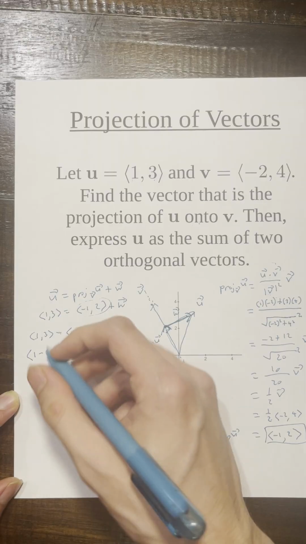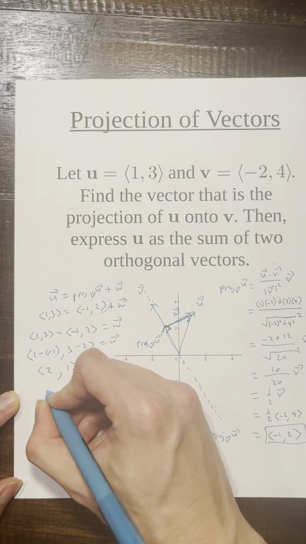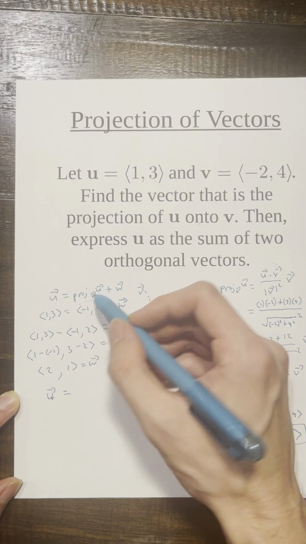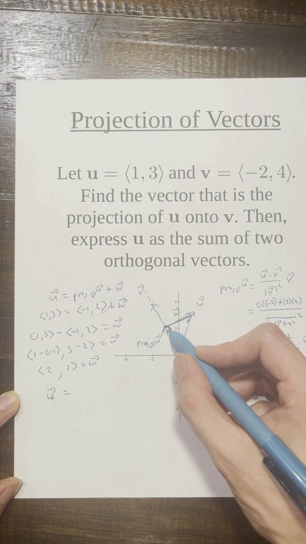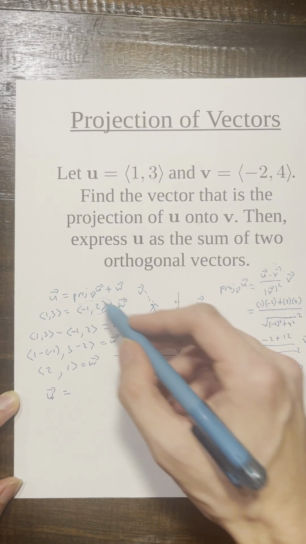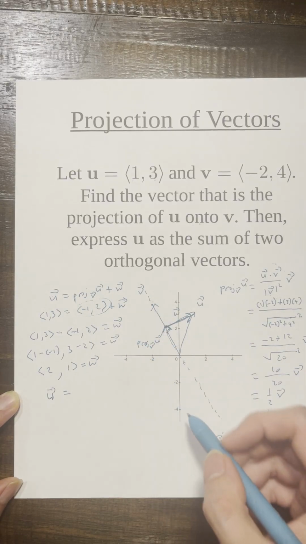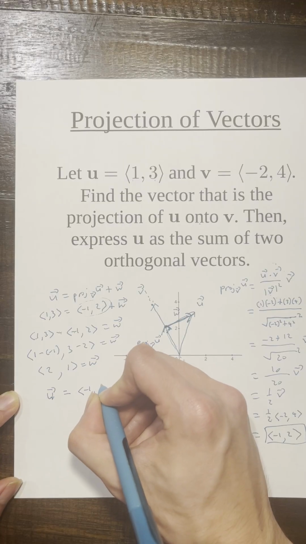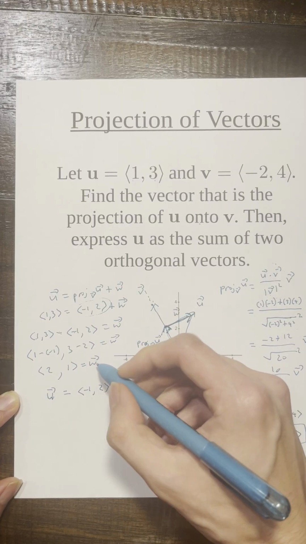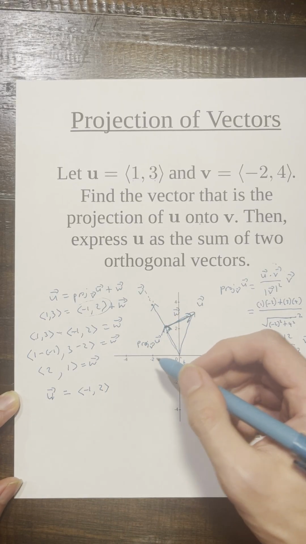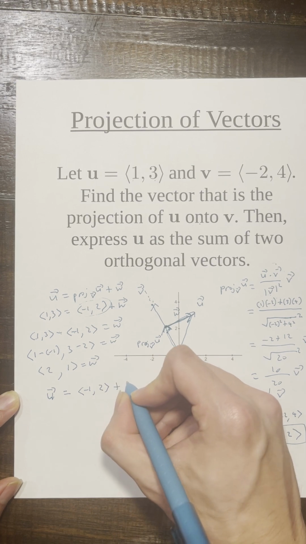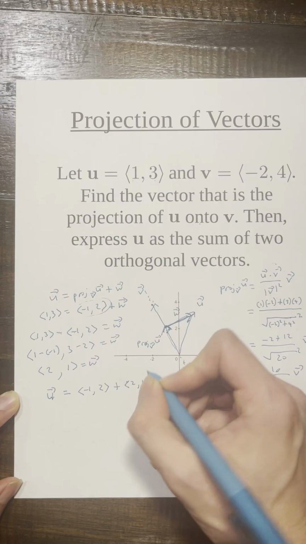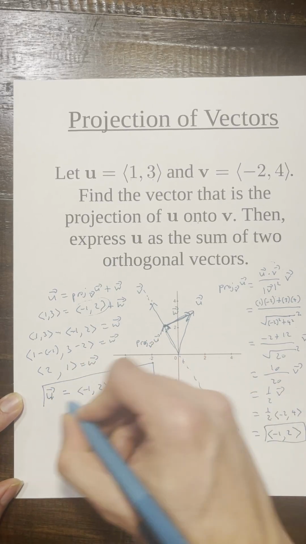Okay, so we can write u as the projection of u onto v, so this plus this. And the projection is -1, 2. And w is 2, 1. Okay, this is your answer.